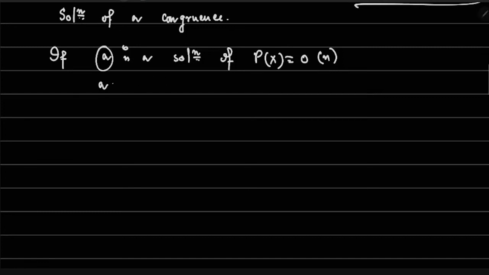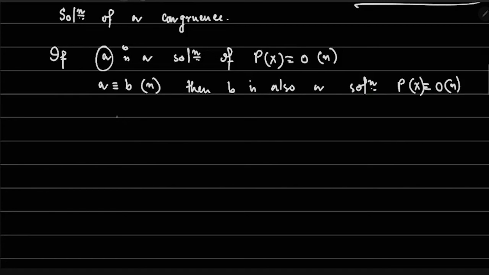And if a is congruent to b mod n, then b is also a solution of P(x) congruent to 0 mod n. Why?